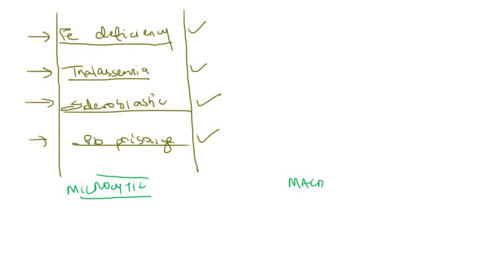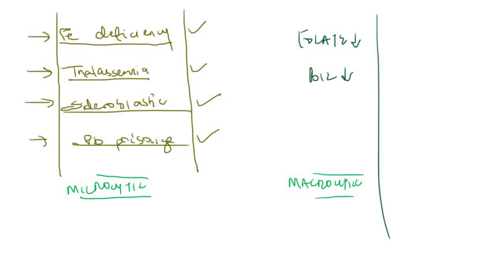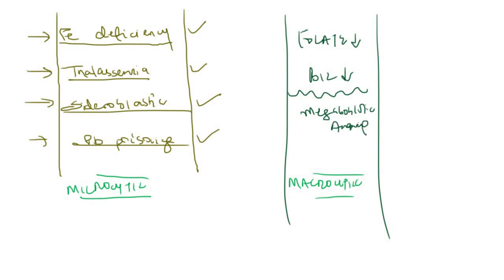Now here we have macrocytic anemia, and the predominant causes of macrocytic anemias are either folate deficiency or B12 deficiency, right? These are the major causes of macrocytic megaloblastic anemia, right?